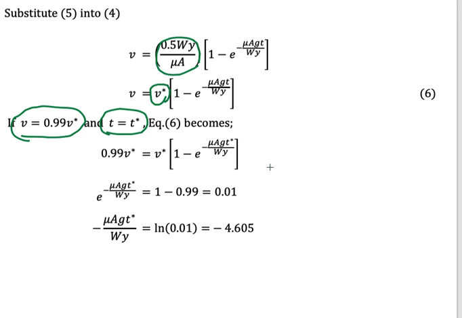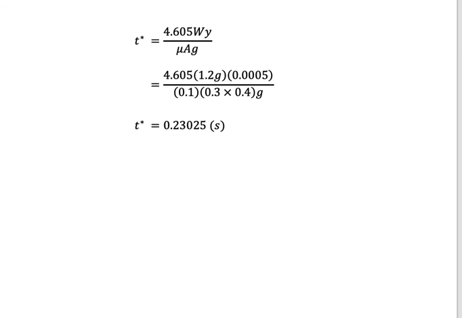We substitute everything, and then we could do the mathematical solution here. From this equation, we could find that the time for the velocity to reach 99%, 0.99 of the terminal velocity, is around 0.23025 seconds.